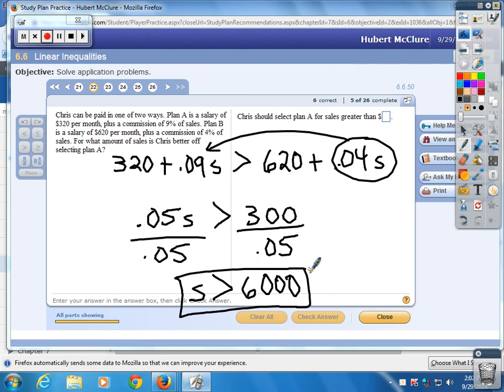Plan B, because I'll make more money than if I chose plan A. But if I sold $7,000 worth of merchandise, then I want to go with plan A because I'll make more money. And that's usually how you use inequalities. Inequalities are used a good bit in business. Okay?